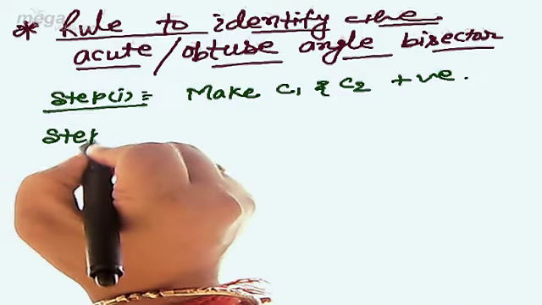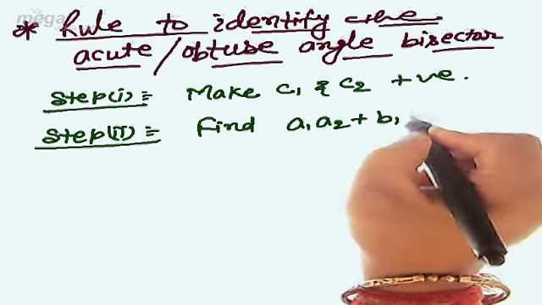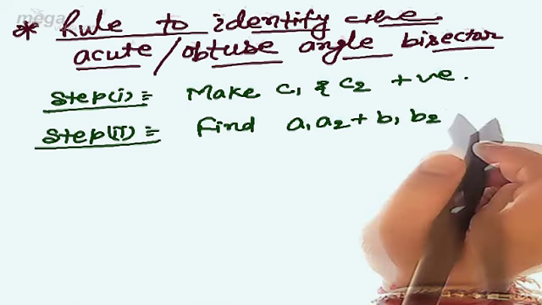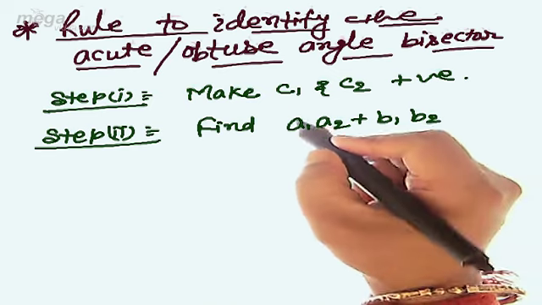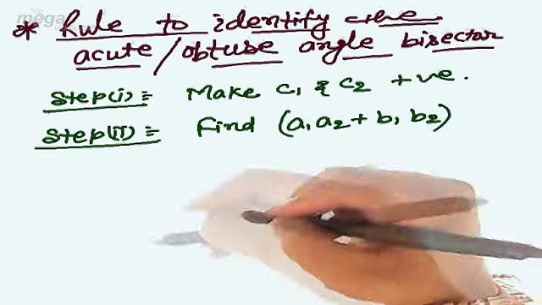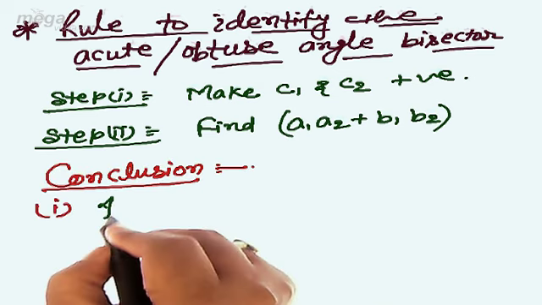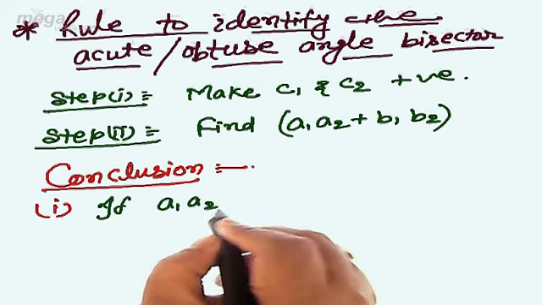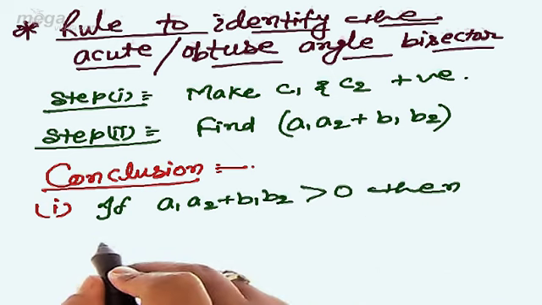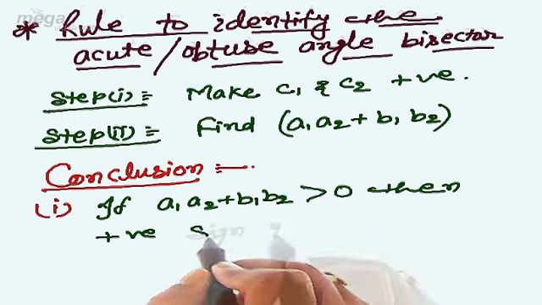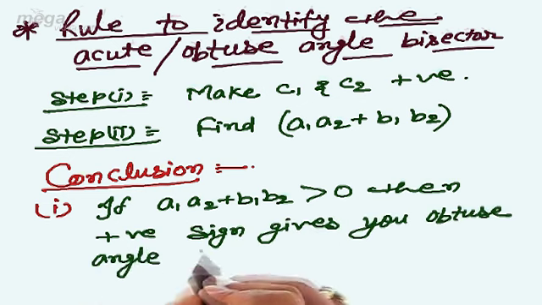Then step 2, find a1 a2 plus b1 b2 from the new equation. After making C1 and C2 positive, we will find a1 a2 plus b1 b2, and then the conclusion is, if a1 a2 plus b1 b2 is greater than 0, then the positive sign gives you the obtuse angle bisector.